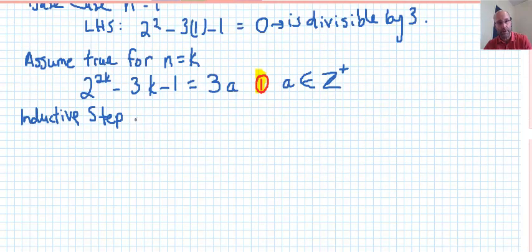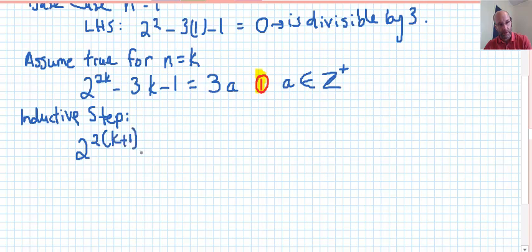Now for the inductive step, by substitution we have 2 to the 2 outside of k plus 1 minus 3 times k plus 1 minus 1. Now that would lead from the inductive hypothesis, and so that would be divisible by 3 too if that were true. We'll call that 3b, where b is a positive integer.